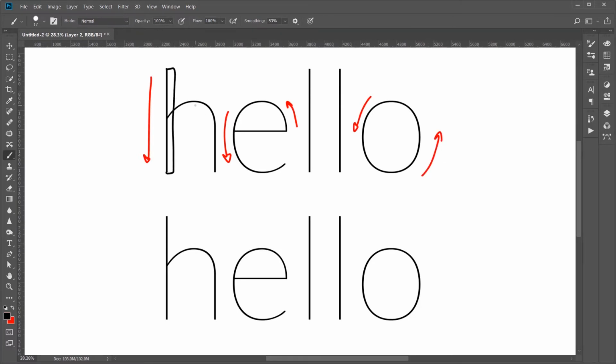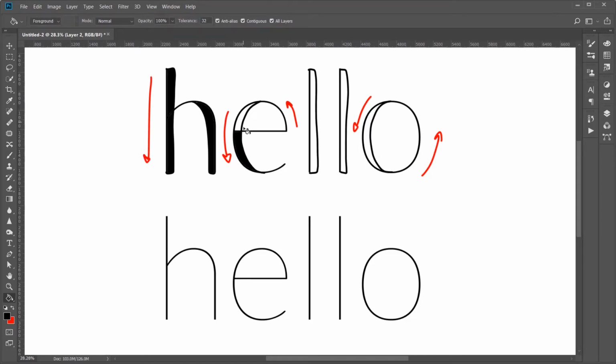Remember that the thickest strokes go downward, so that's what we are going to do. Okay, and after filling the holes and the empty spaces, this is the result.